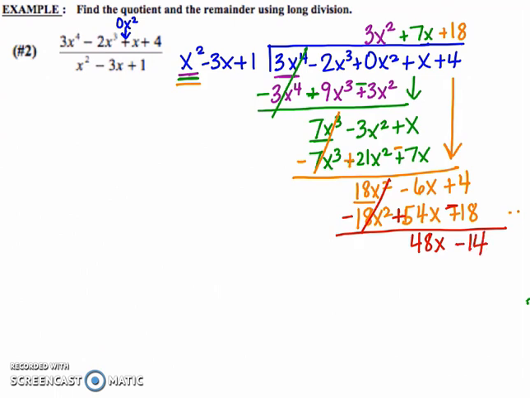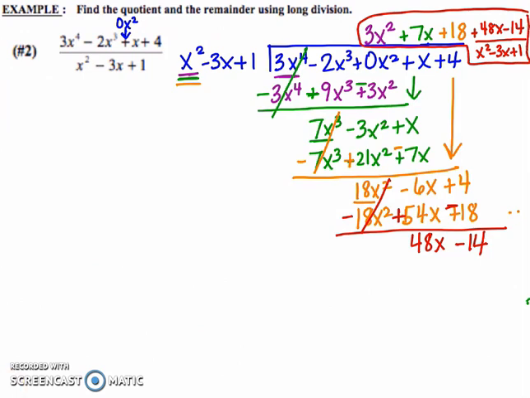So that whole thing, 48x minus 14, is our remainder. So let's see if we can squish this in over here. So we're going to write plus 48x minus 14 over our divisor, which was x squared minus 3x plus 1. And this right here is our solution.